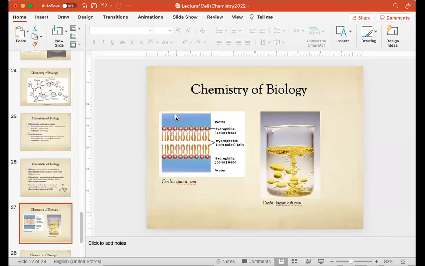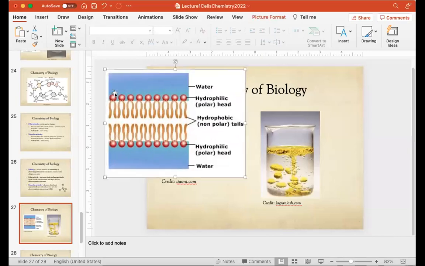And that membrane is what defines the boundaries of the cell. If you look at the structure of a membrane, you're going to see that part of it is polar and part of it is nonpolar. That's what you're looking at in this image. This picture represents just a little piece of a cell membrane.